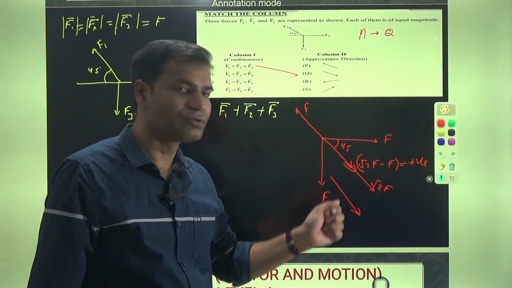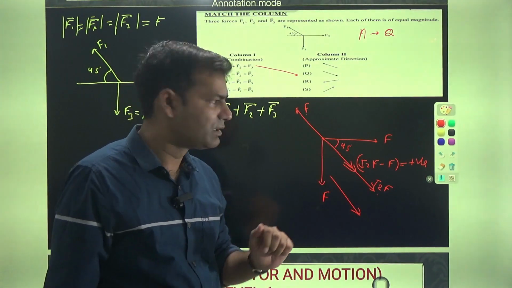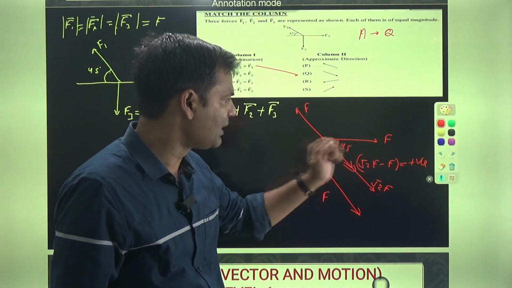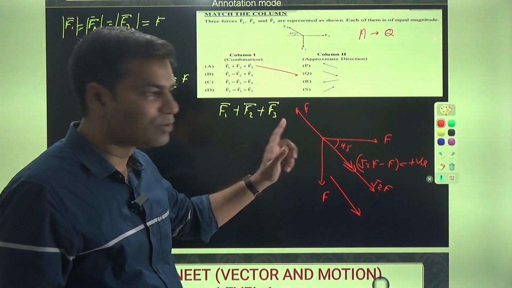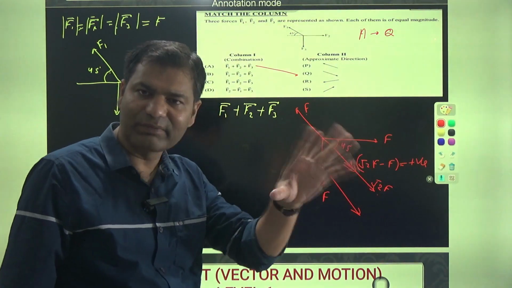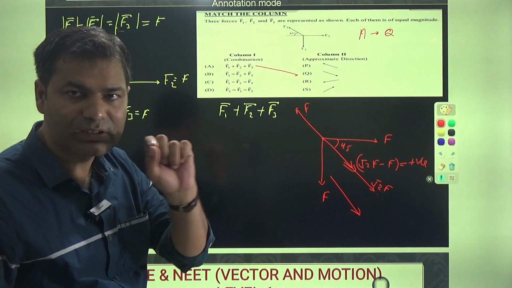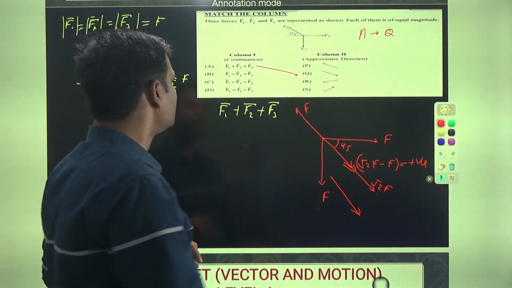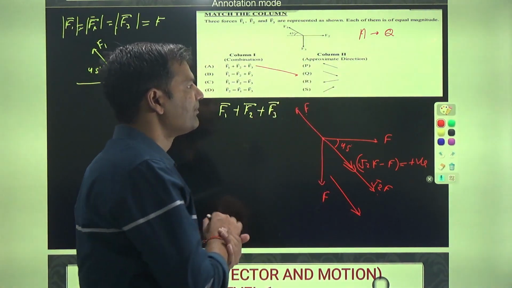So the resultant of these two is root 2 F, and here F. So the net value is root 2 minus F, which is positive whatever the value, but we have to focus on the direction only. So A to Q. Clear? Now next one.